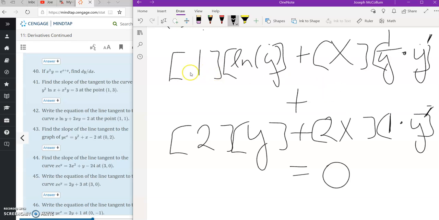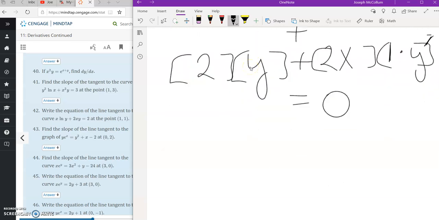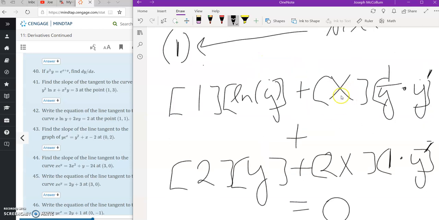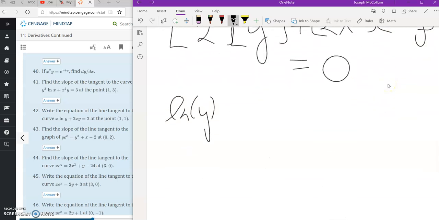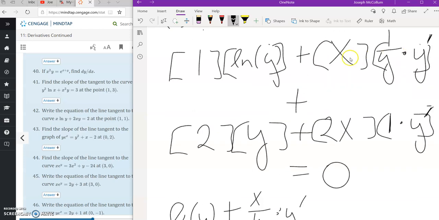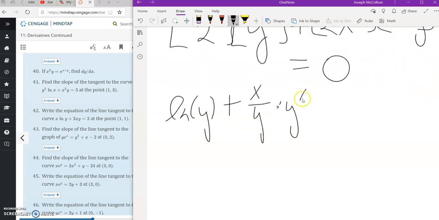Now let's simplify. 1 times log of y is just log of y. What's next? x times 1 over y is really x over y, because that's how you multiply. So that's x over y times y prime. Again, x times 1 over y, you multiply numerator, denominator, and that's how I got that expression.